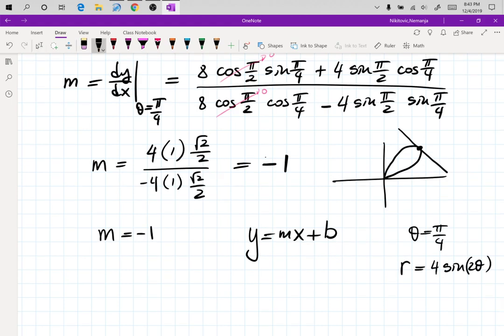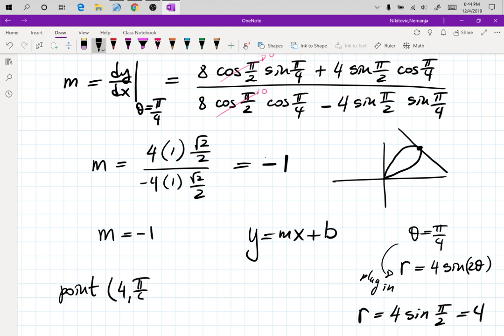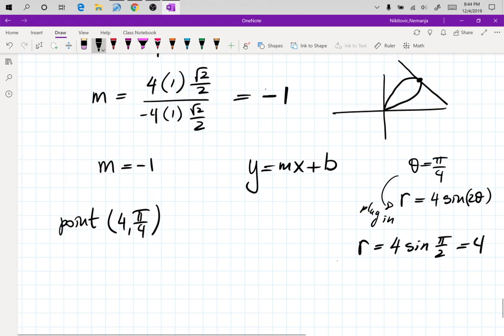So I have to use these two to come up with a point. So I can plug in this one and get r equals 4 sine of pi over 2, which gives me a 4. So now I know that my point in polar coordinates is 4, pi over 4, and now I have to convert that into xy point.